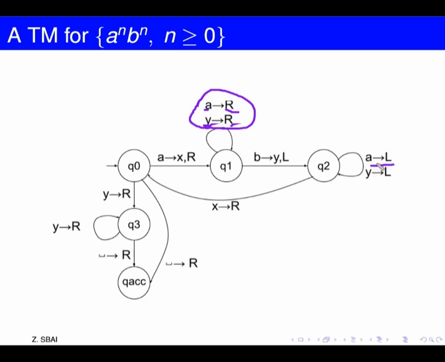This means that if you see A here in this cell, it will remain A and we will move to the left. Instead, here, when we write A arrow X right, it means that if we see the symbol A, we will write the symbol X in that place and we will move right.